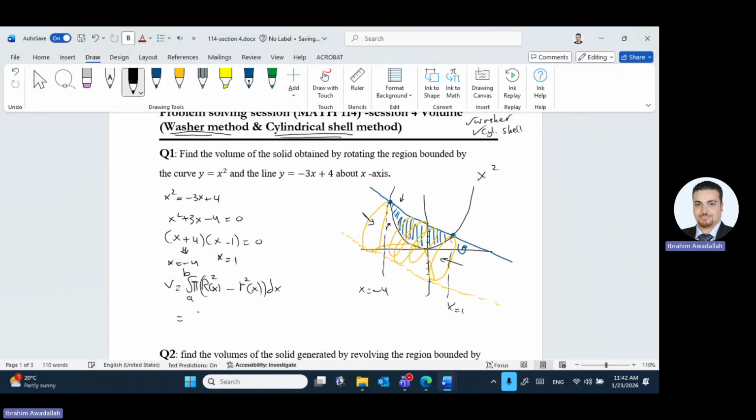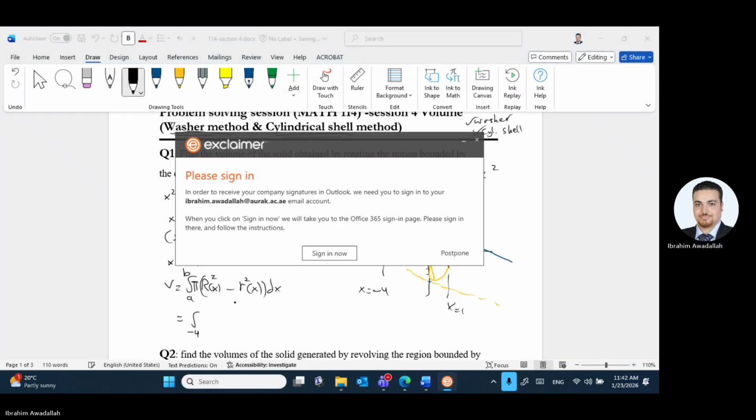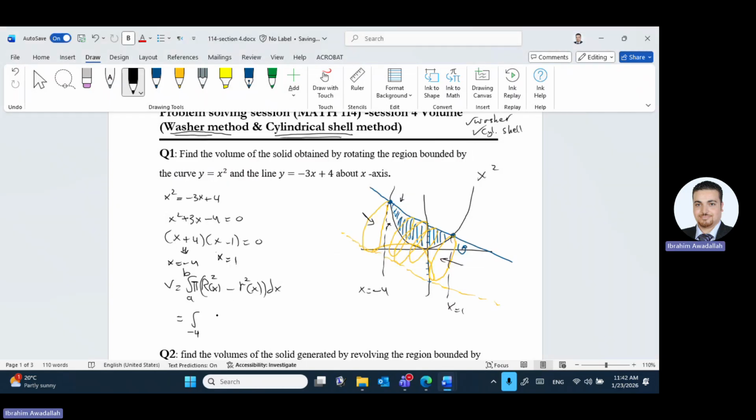So this will be the integration from the start point minus 4 to the end point, which is 1, by pi outside. The upper function, it's clear this function, which is minus 3x plus 4. The lower is this one, which is x squared.